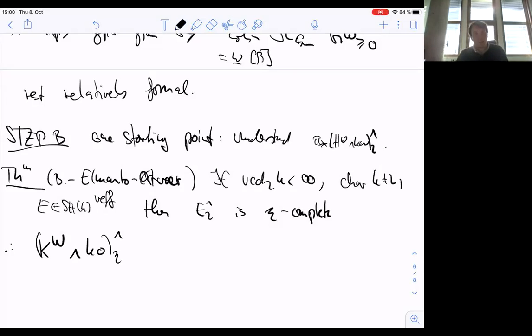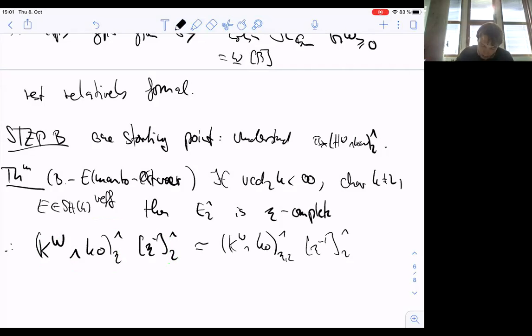So this is something which you could believe that you can compute something about. Now I'm inverting eta, and then I'm completing it too. And so again, you could believe that you can compute something about this guy. There's the eta completion outside, so I can also move it to the inside. And in addition, this is the same thing as kw smash ko, eta completed, also 2 completed, eta inverted, 2 completed.